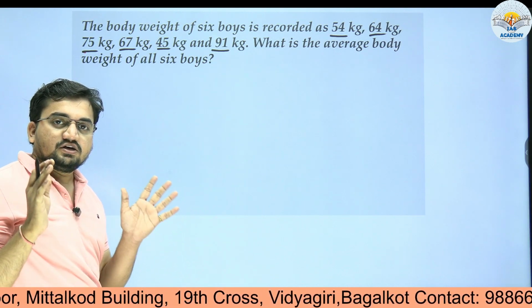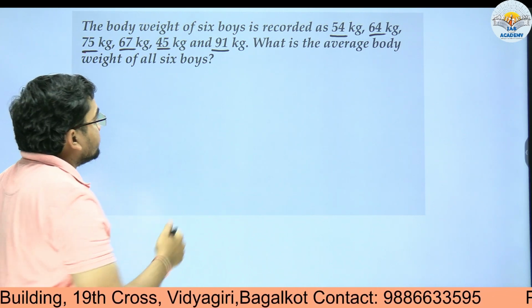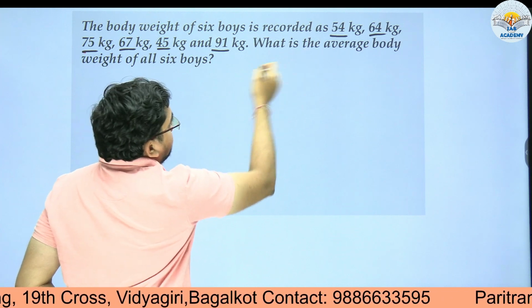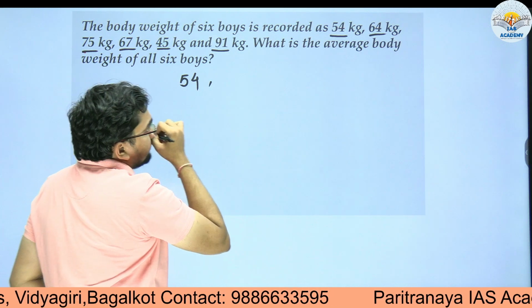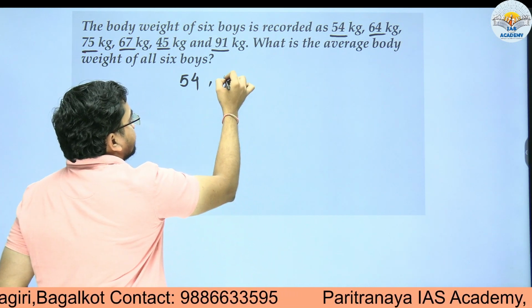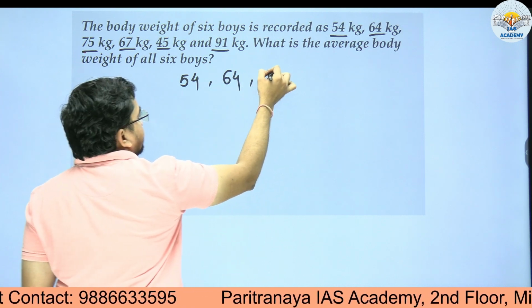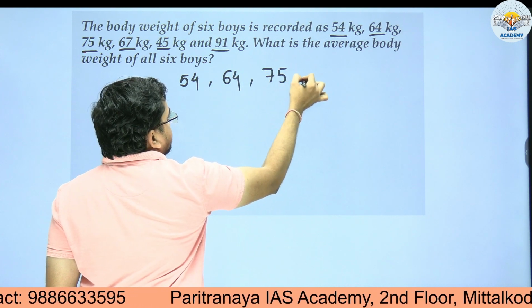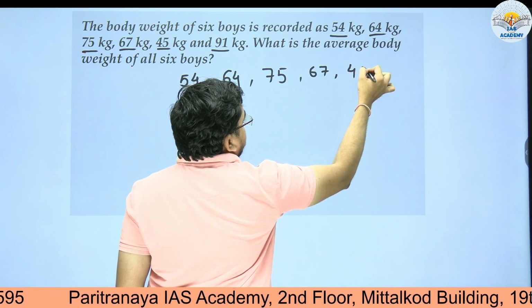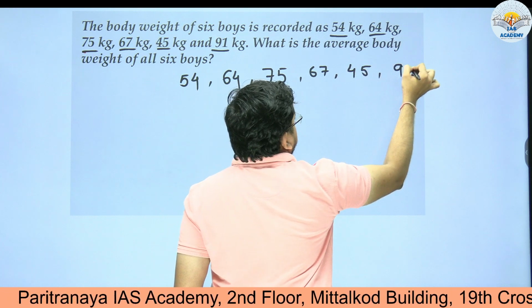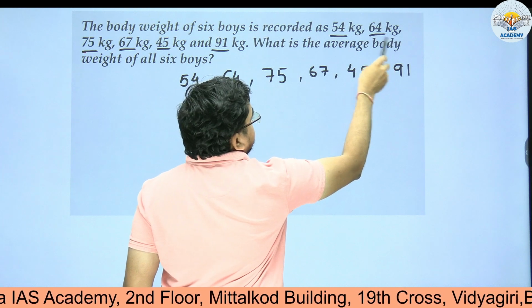So take down the observations: 54, 64, 75, 67, 45, finally 91. They are asking what is the average.